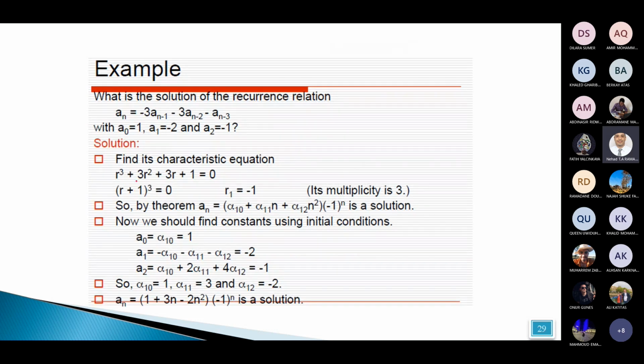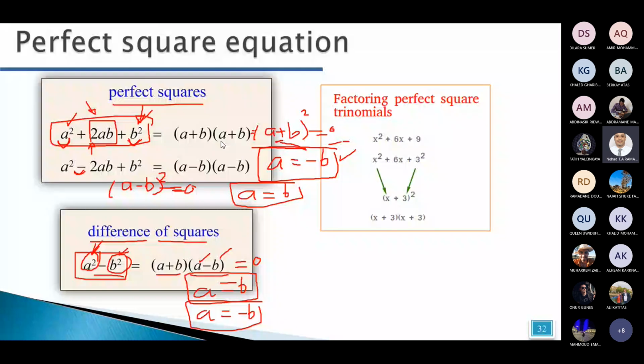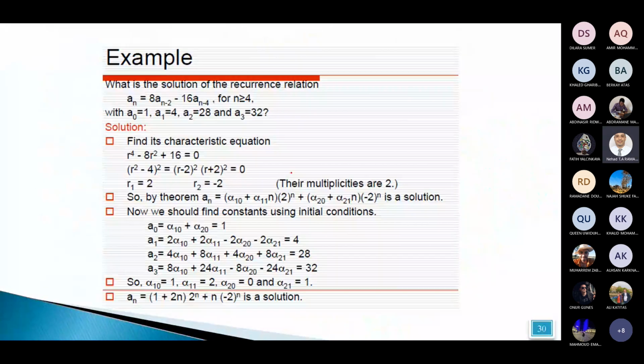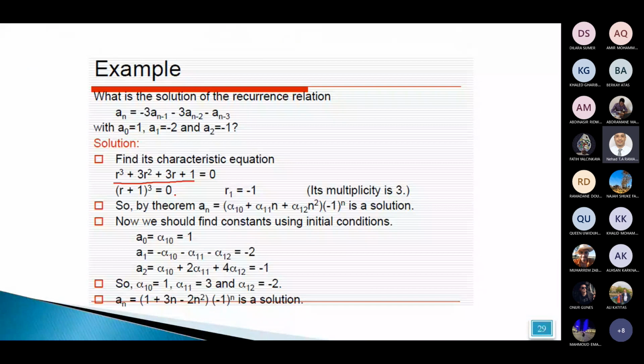Another equation. Look here, this polynomial equation, its solution, I already solved it with you. It's x to the power 3 plus 3x to the power 2, that I solved here with you. Yes, same equation. If you look, you will have only one solution.